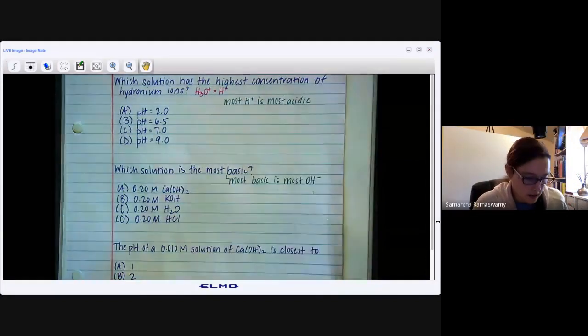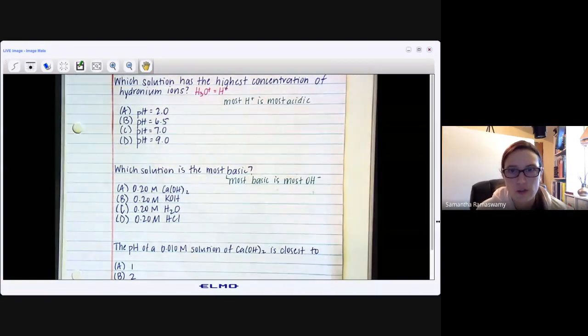So I tried to give just a few hints for these first two questions. The highest concentration of hydronium ions, hydronium is H3O+. That's the same as H+. So the highest concentration of hydronium ions, the most H+, means the most acidic. So think about, based on pH, which is most acidic.